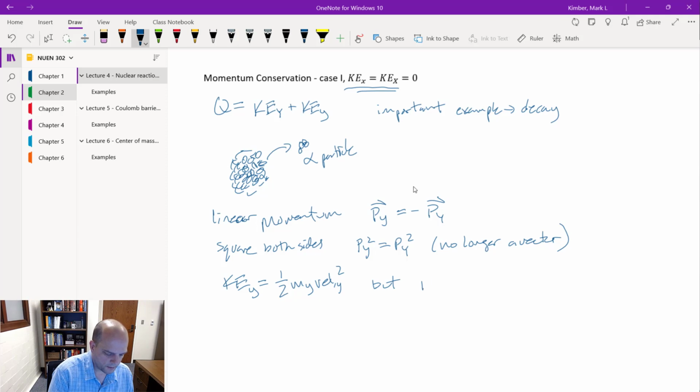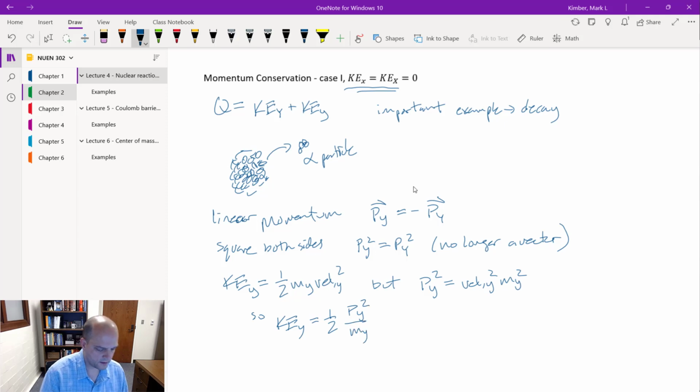But in terms of momentum, this is velocity squared times the mass squared. Momentum is velocity times the mass, and so the square of that becomes the square of both sides. And so I can equate this. So the kinetic energy of that smaller particle is just going to be 1/2 times the momentum squared divided by the mass.